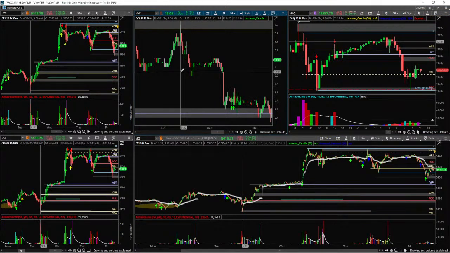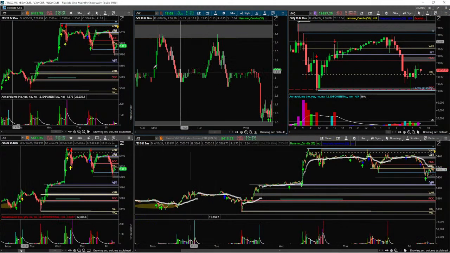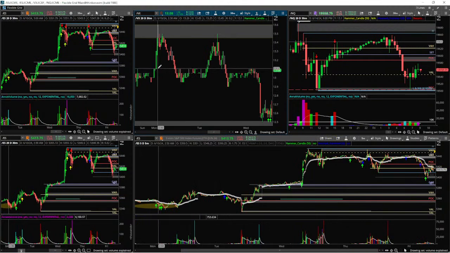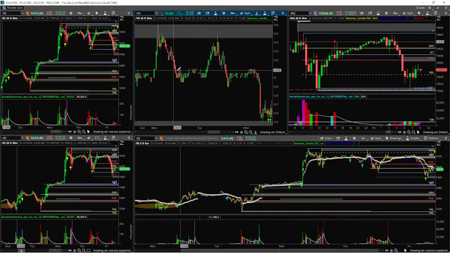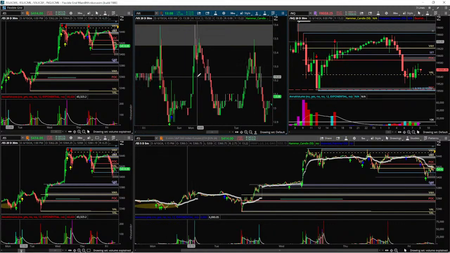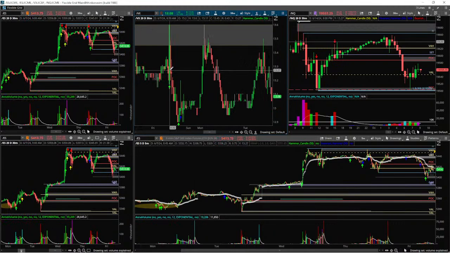One I believe is this is 9:30. There was one in the pre-market that I remember seeing like that. This is Monday, so price kept going lower and ES kept rising. Was there another one? This is the 7th.